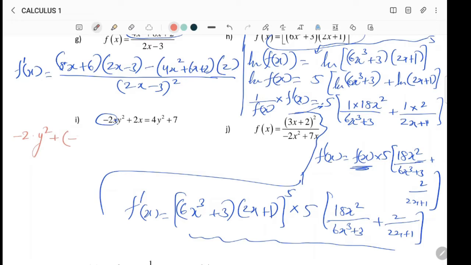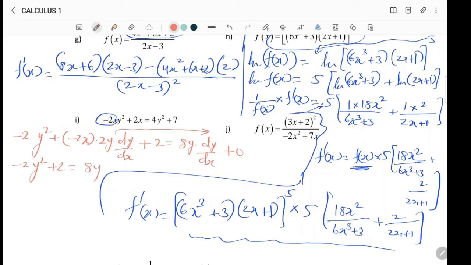Now plus minus 2x I will keep as it is, and y square differentiation is 2y, and then y differentiation is dy by dx. 2x differentiation is 2 only, 4y square differentiation is 8y, and then dy by dx, and 7 differentiation is 0. Okay, then I will move this to right side. So minus 2y square plus 2 from here, and this is 8y dy by dx, and move to the right side.